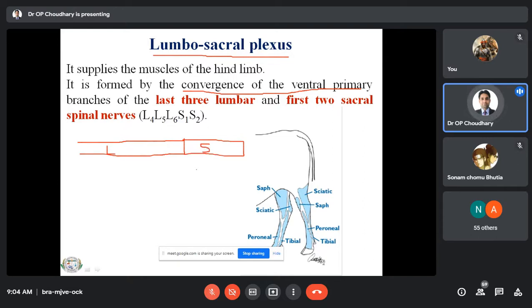So they have spinal nerves. So the ventral primary branches of the lumbar and the sacral spinal nerves, their convergence usually forms the lumbosacral plexus. Now, what is included? As you know, there are 6 lumbar vertebrae.